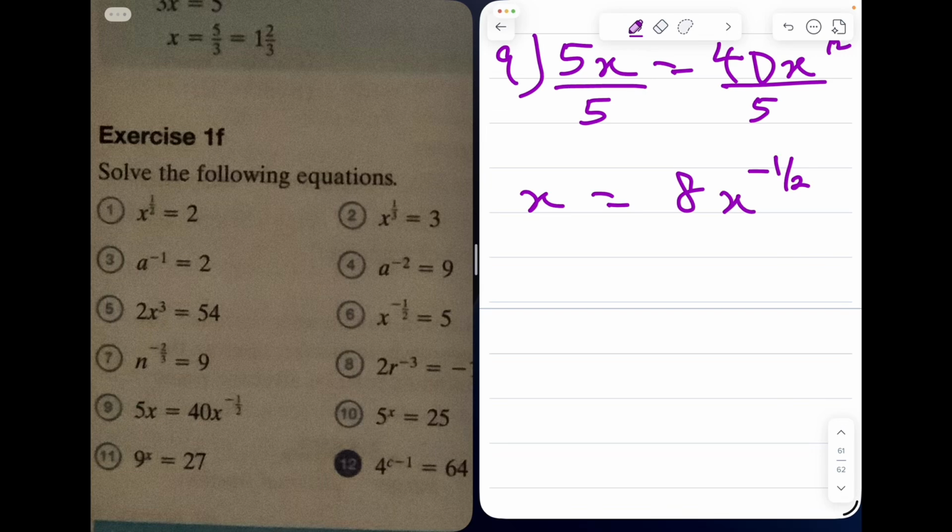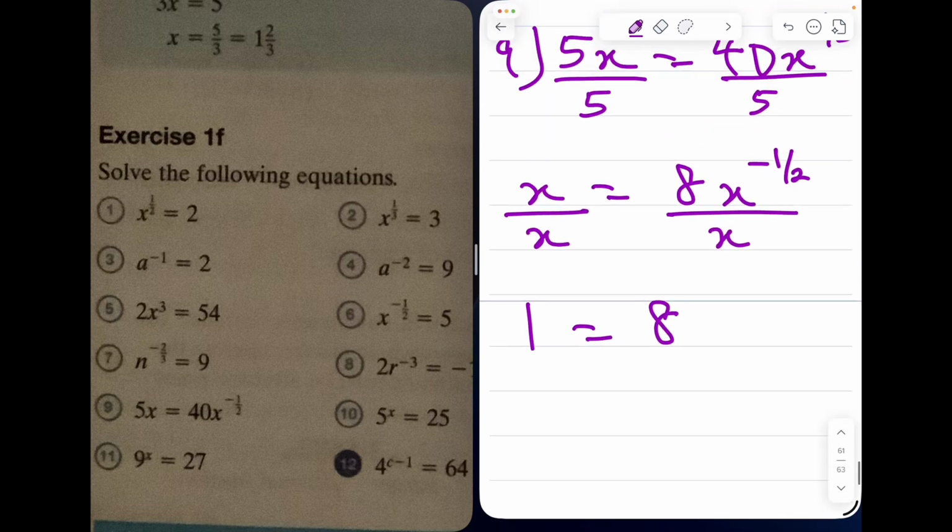And that simply means, now where do we go? Oh, now I can divide through by x. I can divide both sides by x. So on the left hand side, I'm going to have 1, and on the right hand side, I'm going to have 8.